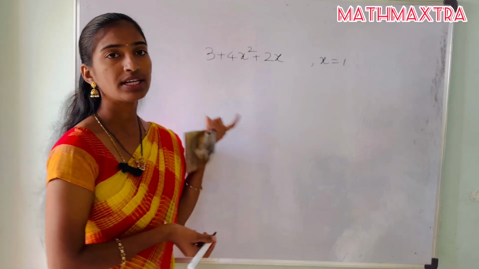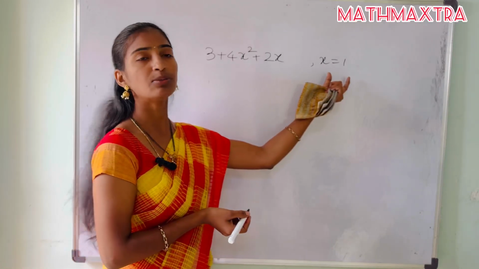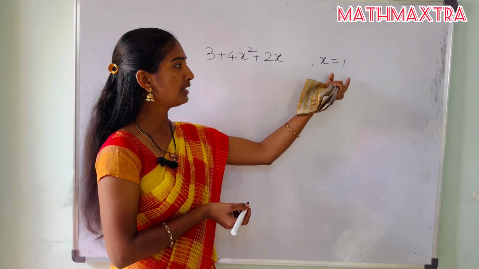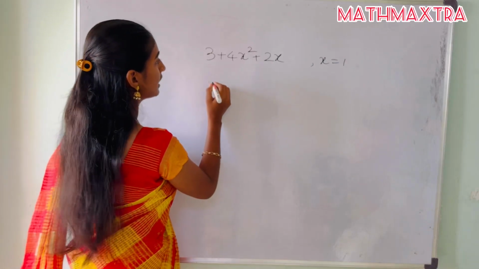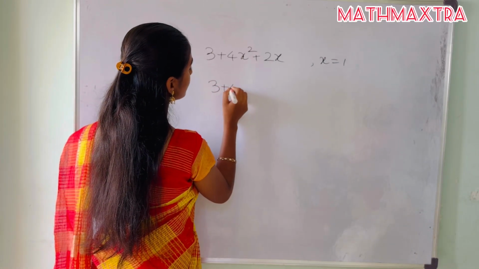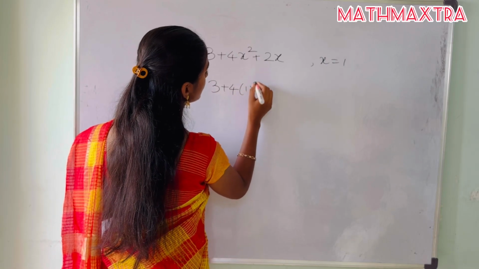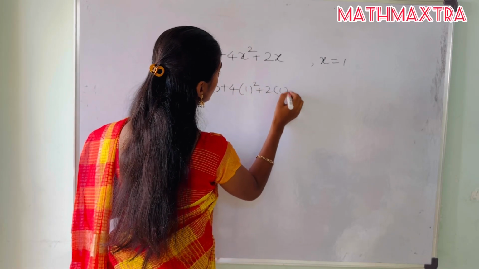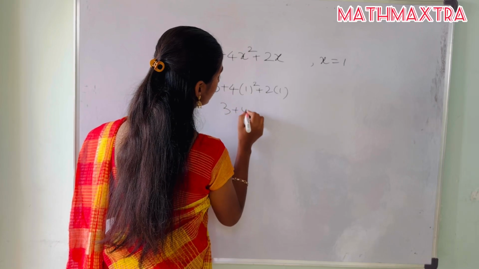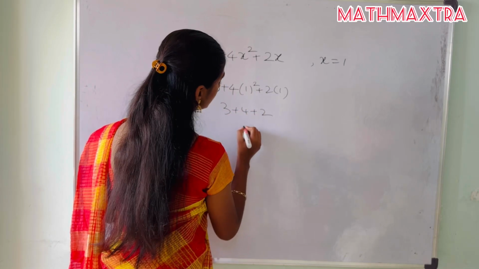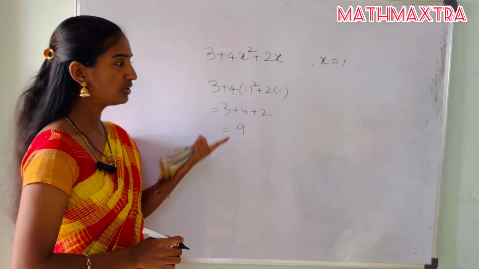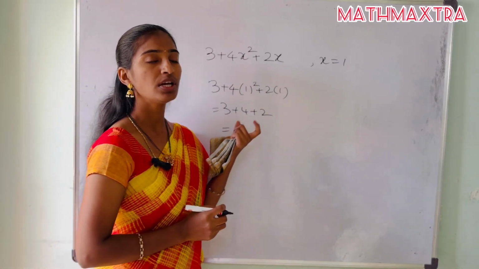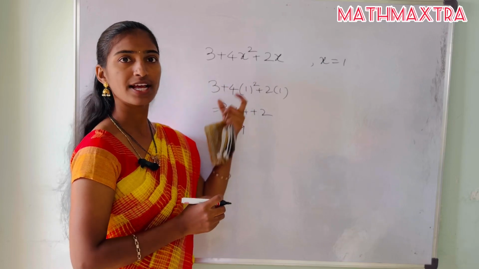How do we calculate the value at that point? You simply substitute x is equal to 1 in place of x. Substitute: 3 plus 4 into 1 square plus 2 into 1. That is 3 plus 4 plus 2, which is 9. So 9 is the value of this expression. This is how we can find the value of the given expression.